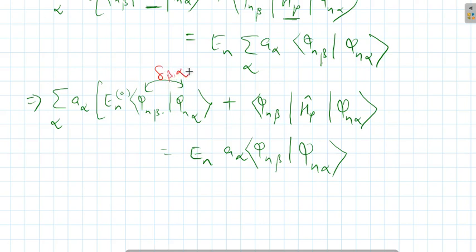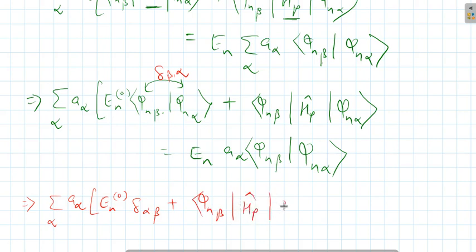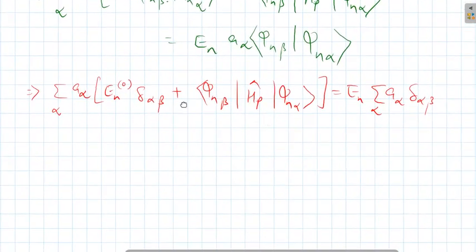If I put its values here, then this equation will become summation over alpha, A alpha, En naught, delta alpha beta, plus, you can write it as delta alpha beta or delta beta alpha, plus phi n beta HP phi n alpha, equal to En summation over alpha, A alpha delta alpha beta. Now let us try to understand these things.